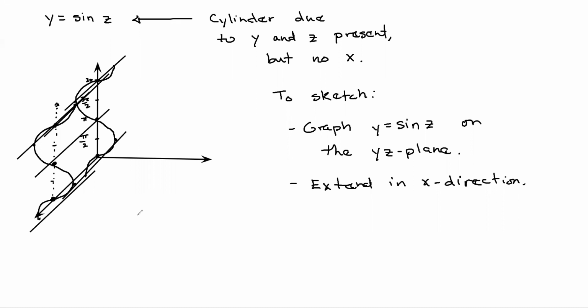Let's try another one. Let's say we wanted to go through and graph xz equals 1. And so we could say, yep, there's no y, thus it's a cylinder. Go through and graph a chorded axis.